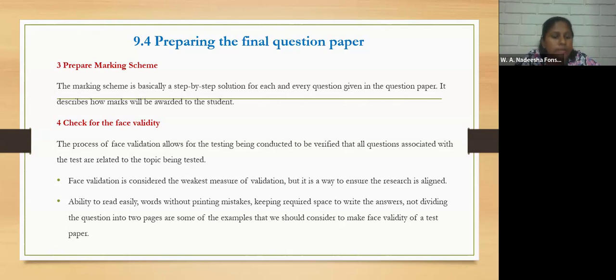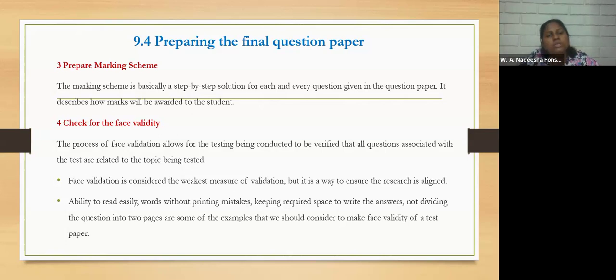You know about that. Before distributing the paper, we have to prepare the marking scheme. So at that moment also we can correct something. There is a chance for corrections at that moment. Still there is a chance.